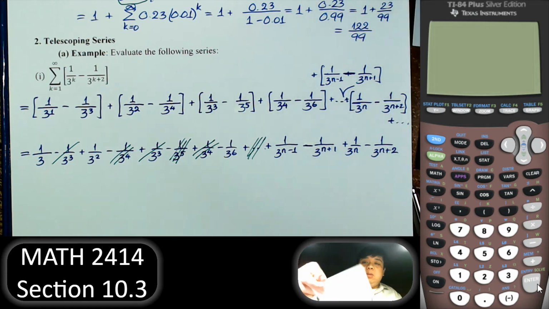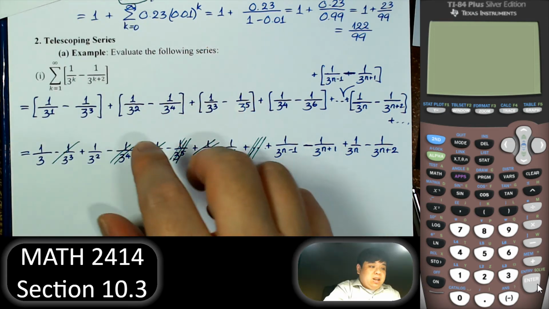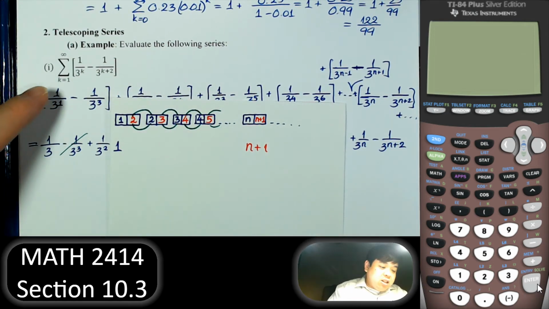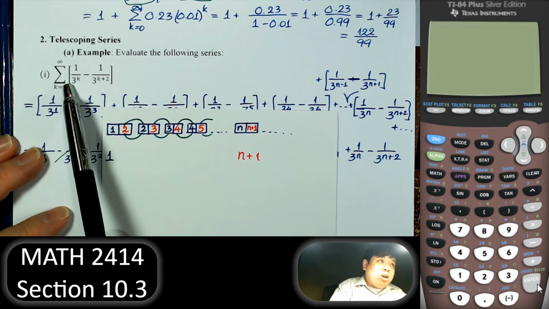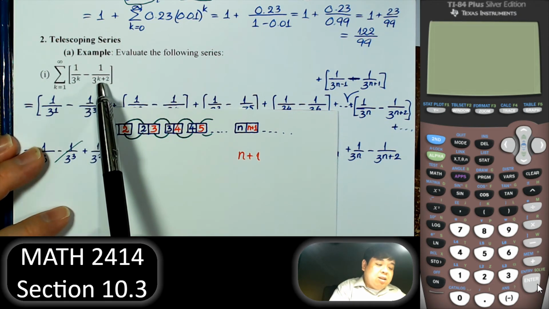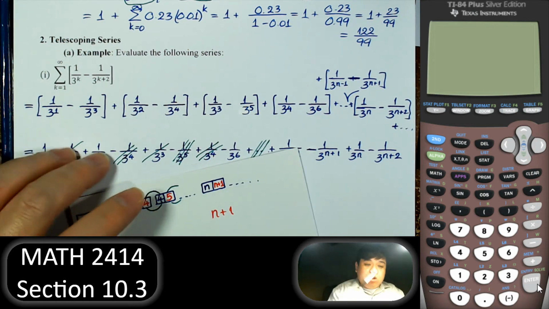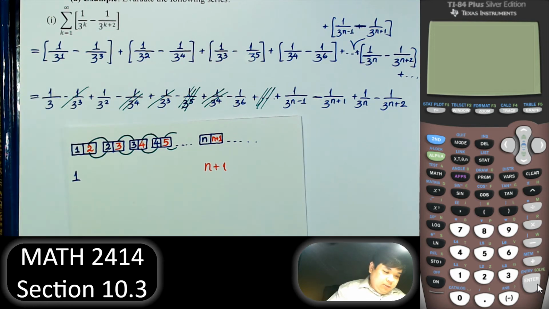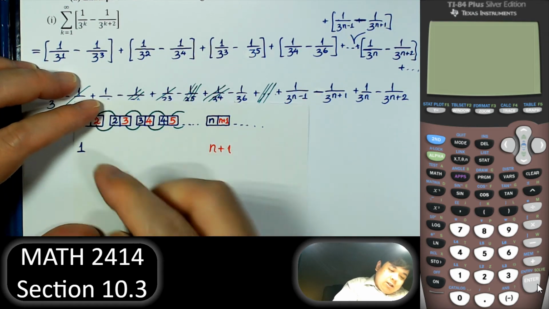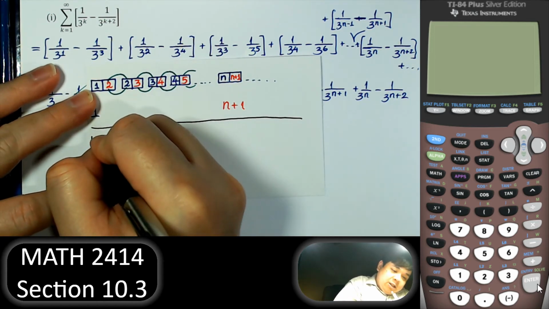So let's look in terms of the dominoes that we had before. But these dominoes don't have consecutive terms like this. What they have is, instead of 1 and 2, 2 and 3, 3 and 4, they skip one term: 1 and then 3, 2 and 4, 3 and 5. So let's write the dominoes like that. So let's just close this out. Now the dominoes will be like this.